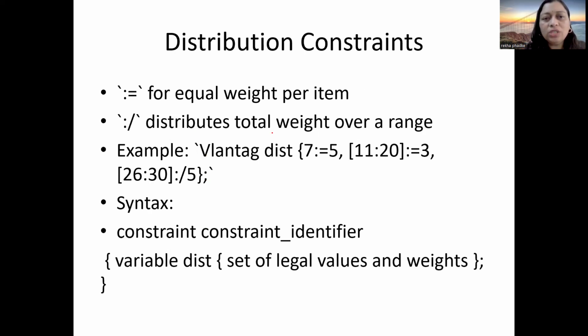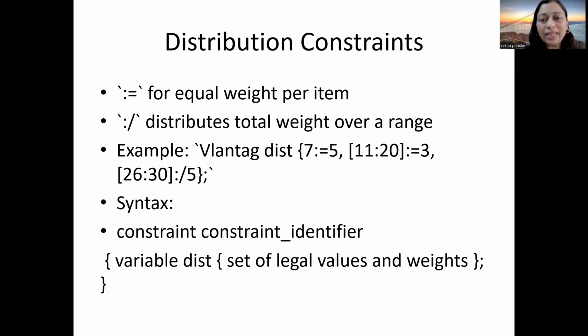You can also use distribution constraints. When you say distribution constraints, the syntax is colon equal for equal weight per item, or colon slash which distributes total weight over a range. For example, I have here VLAN tag, which is a data. What am I declaring that to have? dist is the syntax for the distribution constraint.